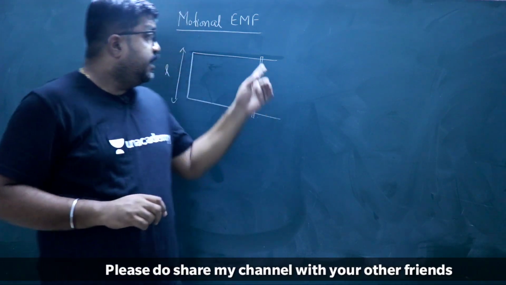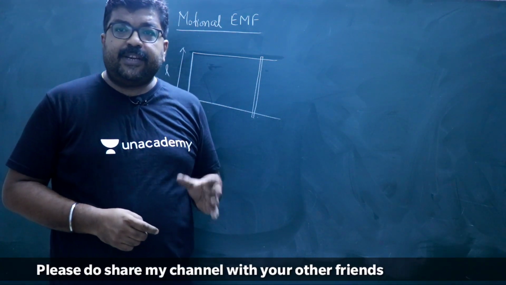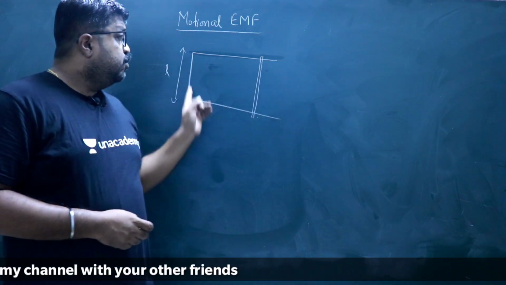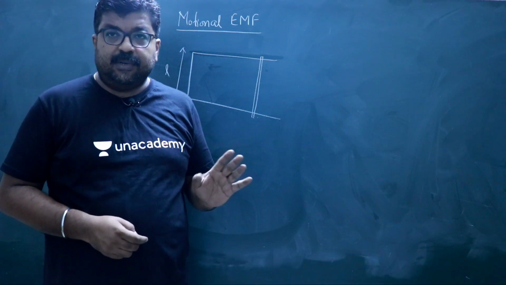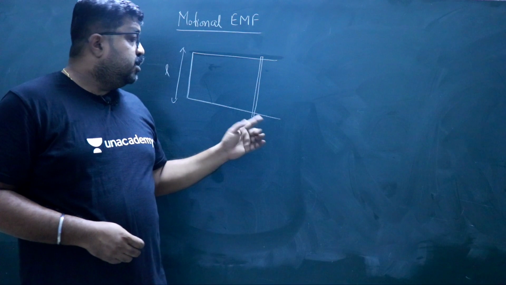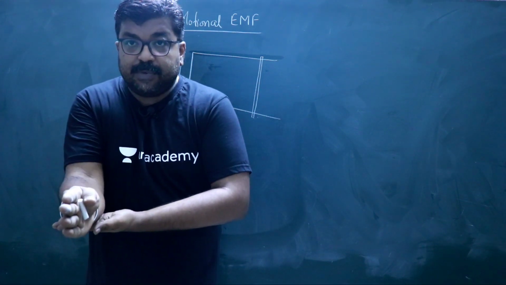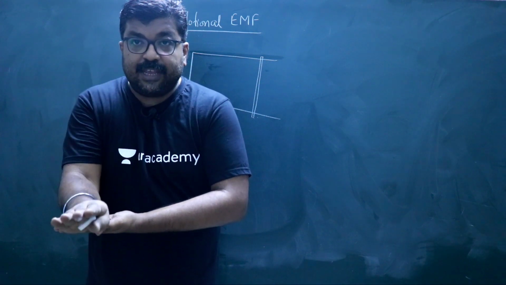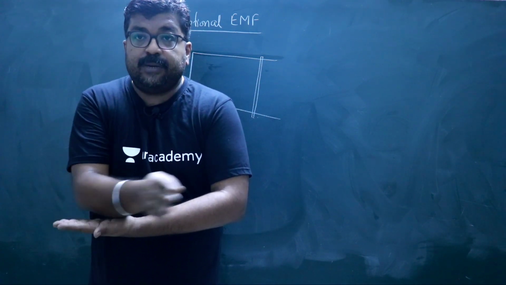This rod is conducting, but it has finite resistance. This U-shaped wire is conducting, but its resistance is negligible. The rod is of length L, and it can slide over the U-shaped wire.